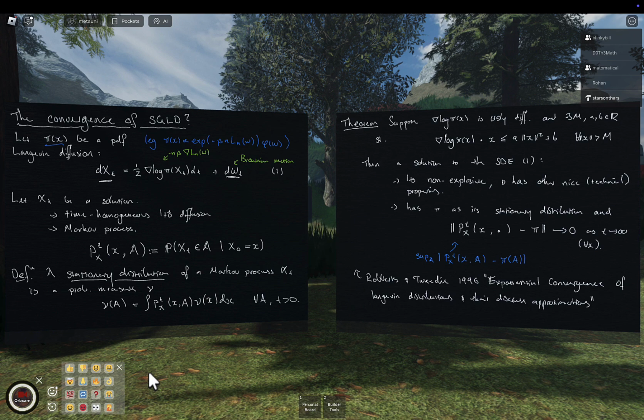Cool. I think I'm going to skip straight on and start talking about section 2, discretizations of Langevin dynamics. I've got a bit of an extended aside here about the generators of a Markov process.